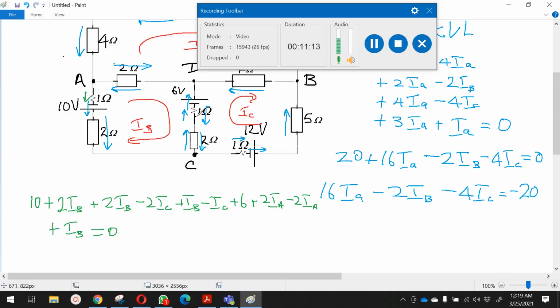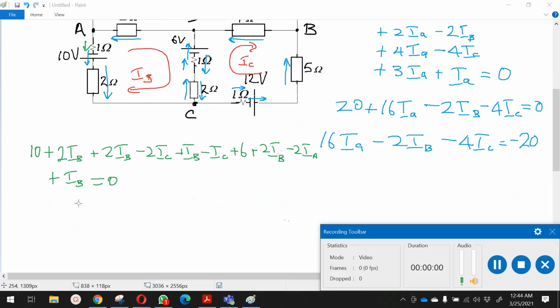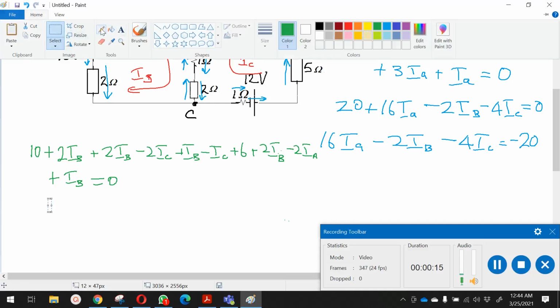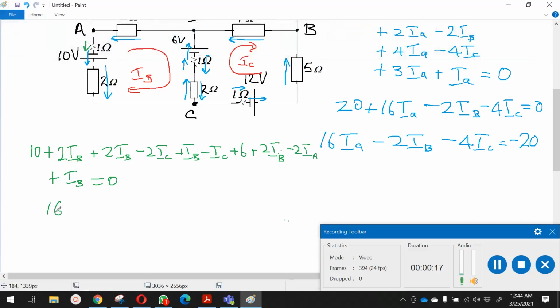Gather all the like terms and write it out like a nice mathematical equation. Looking at the constant terms, we have 10 and 6 is 16. 16 plus 2IB, 4, 5, 7, 8IB.